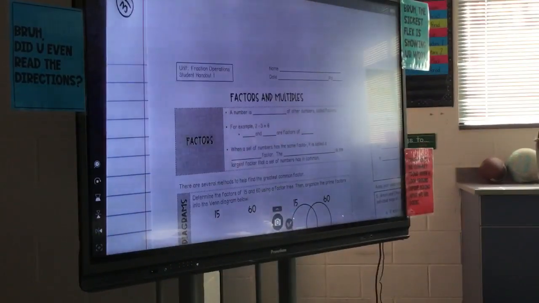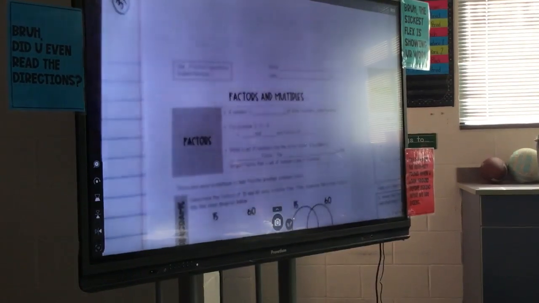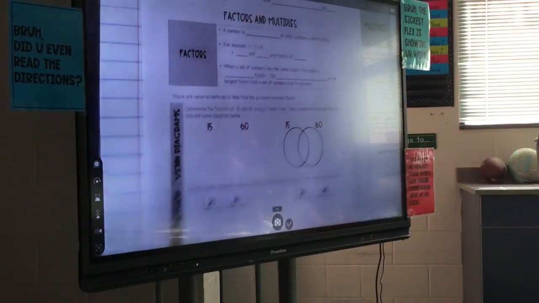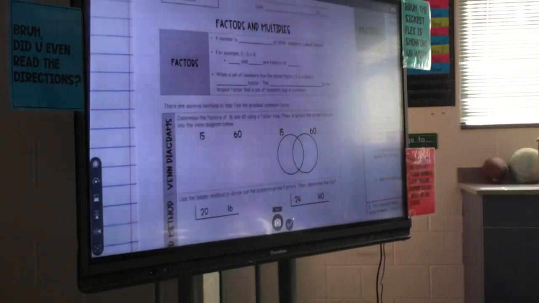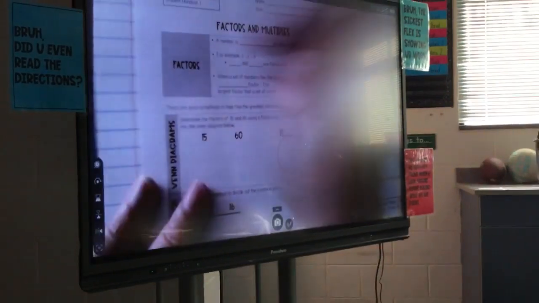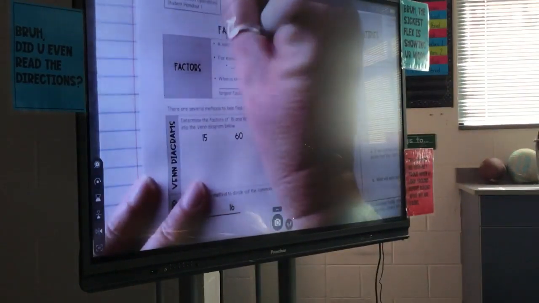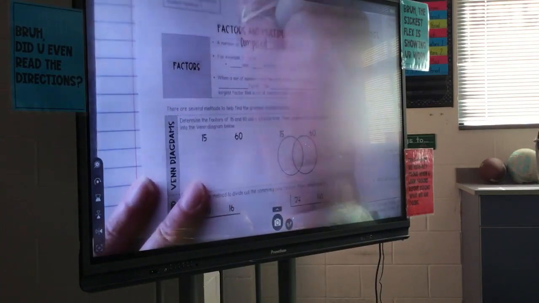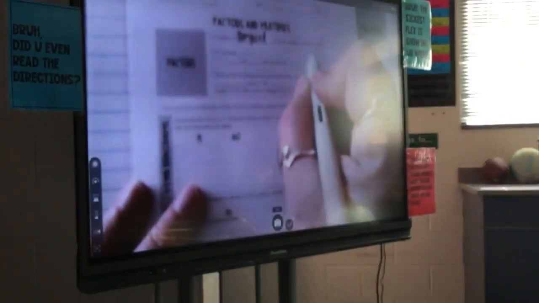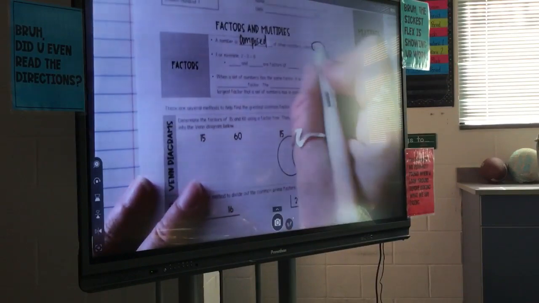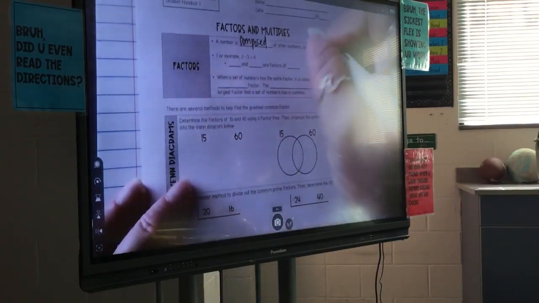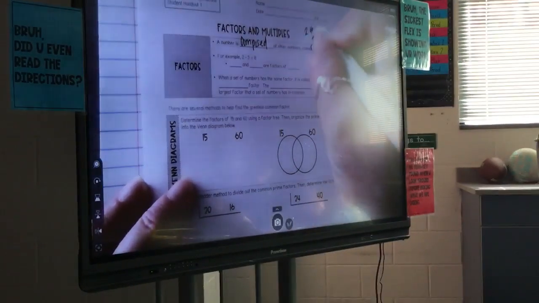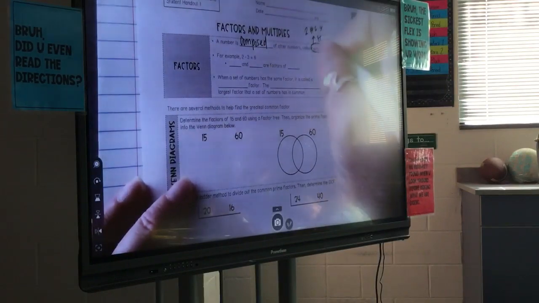All right, so looking at the top here, we are going to go through some notes. All right, so we're going to talk about factors. A number is composed of other numbers called factors. Now, factors are two numbers multiplied together.